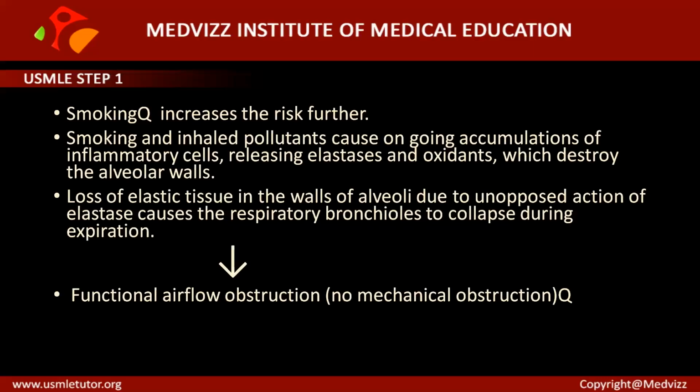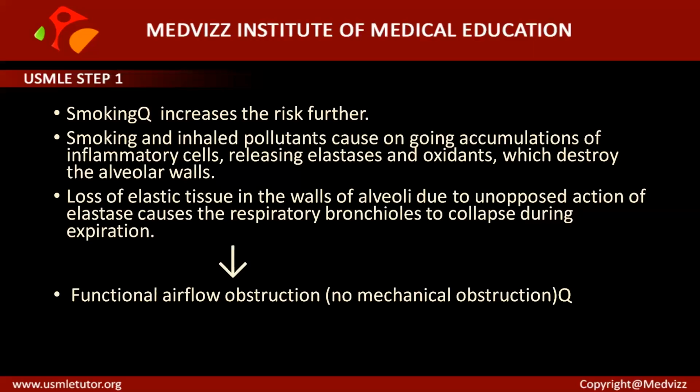So there is a loss of elastic tissue in the walls of the alveoli, mainly because of the unopposed action of elastase, which causes the respiratory bronchioles, which means the acinar part, to collapse during expiration. Because of this collapse during expiration, persistent air trapping is seen in emphysema, and this leads to functional airflow obstruction.